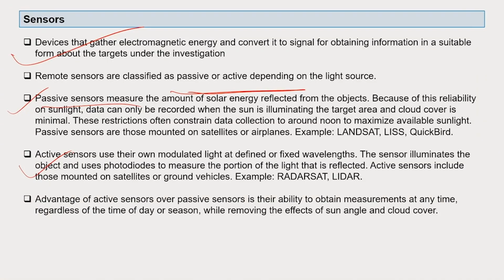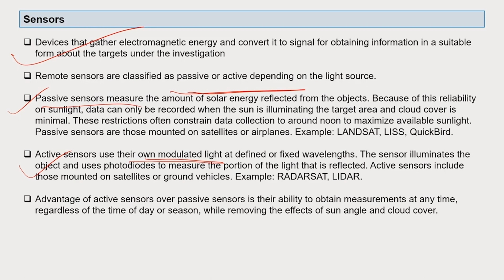Active sensors use their own modulated light. They don't depend upon sunlight or reflections. Using their own modulated light at a defined and fixed wavelength, the sensors illuminate the object which they want to sense.